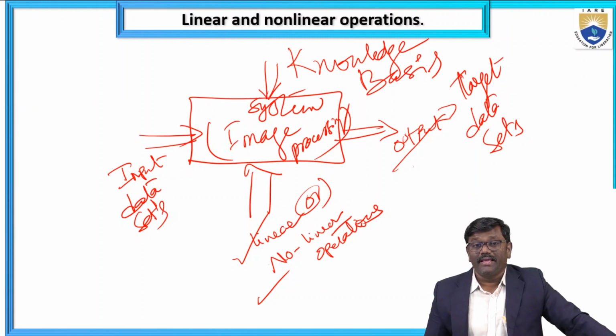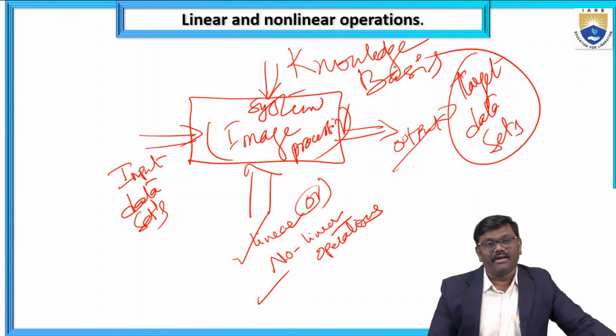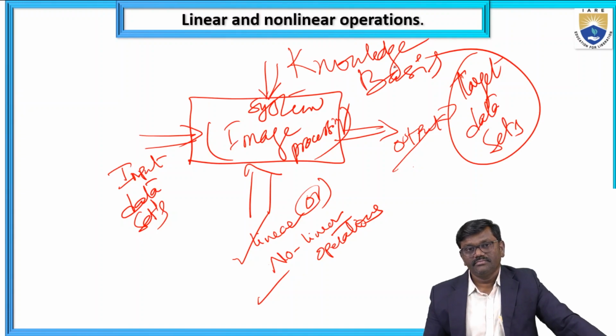So you are applying either linear or non-linear operations. You first have to understand the image processing, the input and output relationship, to achieve your required task, nothing but your target data sets. So how are you going to achieve that? By applying either linear or non-linear operations.